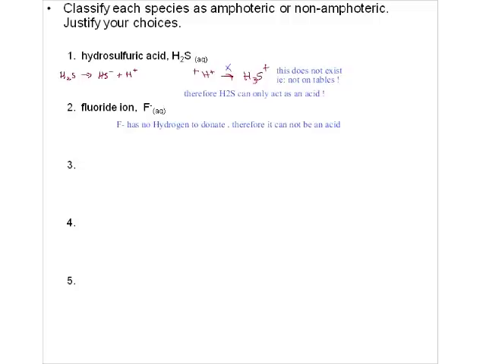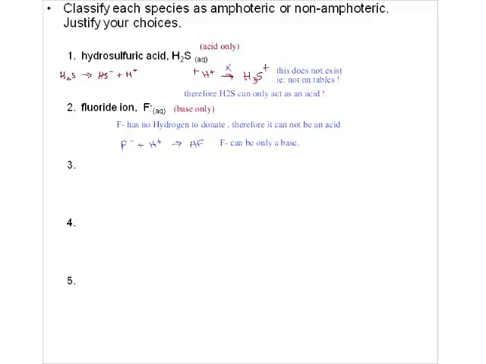But F minus can attract the hydrogen and act as a base. So it's not amphoteric, it's a base. This guy up here can only be an acid, and this guy here can be a base only.